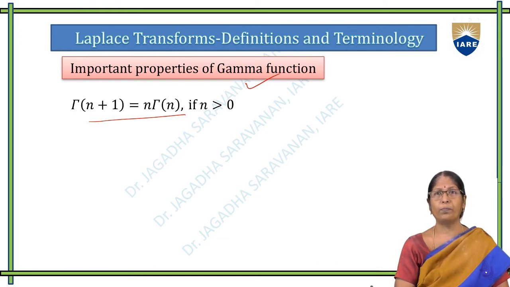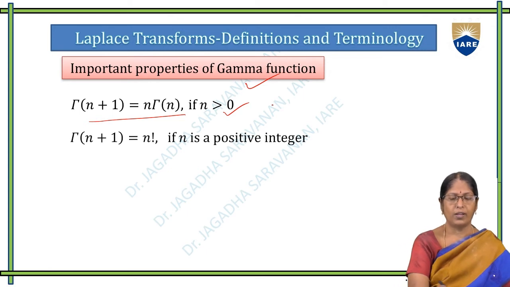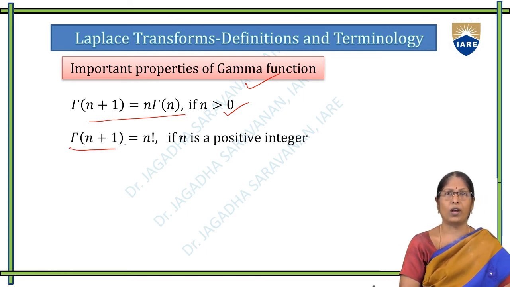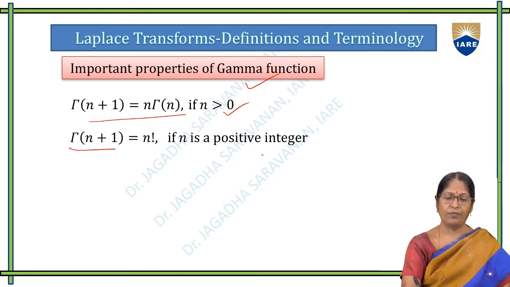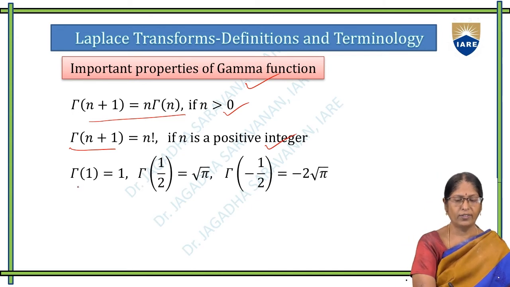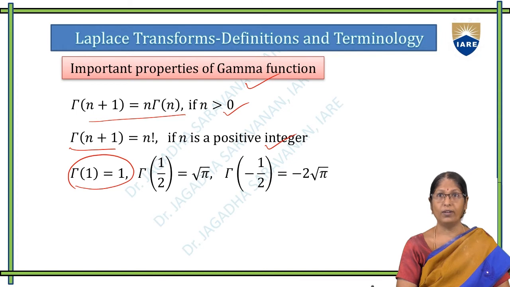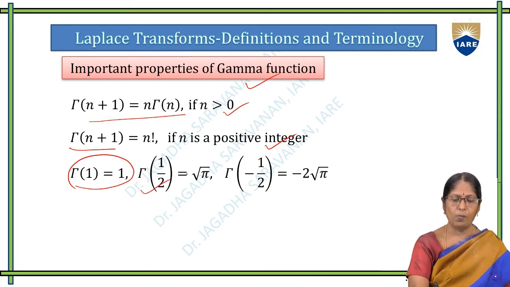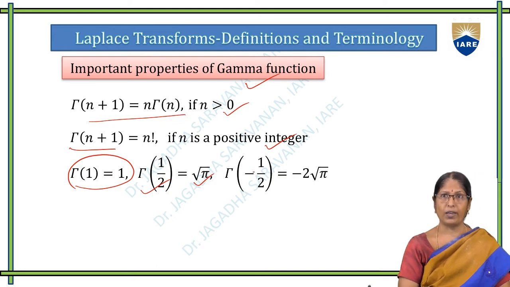So gamma of n plus 1 is equal to n into gamma of n if n is greater than 0, and gamma of n plus 1 is equal to n factorial if n is a positive integer. We can see here gamma of 1 is equal to 1. Gamma of 1 by 2, the value is root pi.